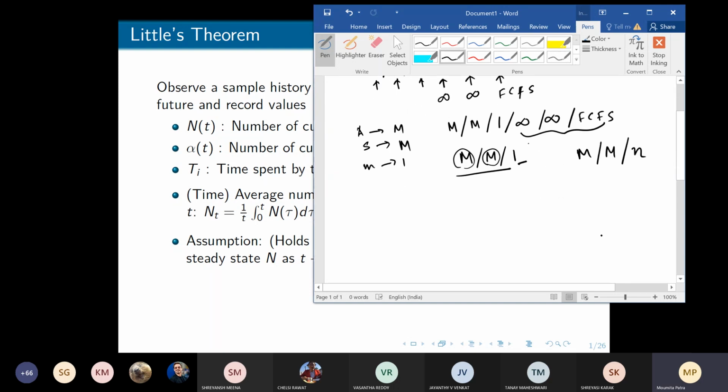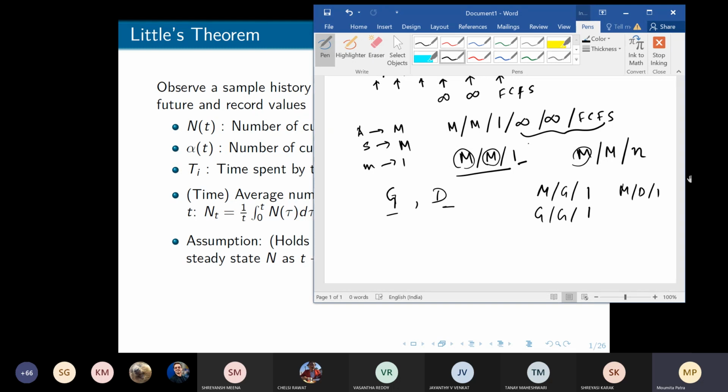Okay, now there were other distributions also that we were talking about, that is general and deterministic, very default distributions. So three mostly used distributions are exponential, then general, then deterministic. That's what I had told in the last class. So you can have several variations in this one. You can have MG1, MGM, or GG1, or MD1, and so on and so forth.